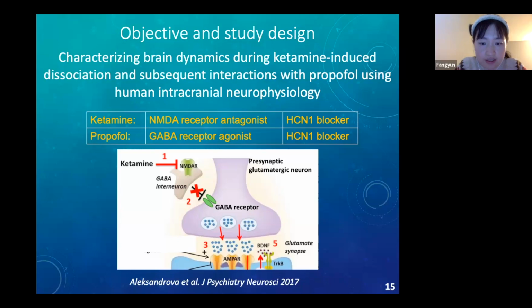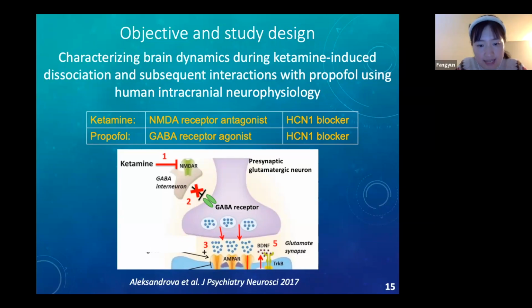At the neurocircuits level, we also studied the role of the molecular targets such as NMDA and HCN1 receptors in producing ketamine-induced oscillations. This is by analyzing the interactions between subanesthetic ketamine and propofol. Propofol is a GABA receptor agonist and HCN1 blocker.